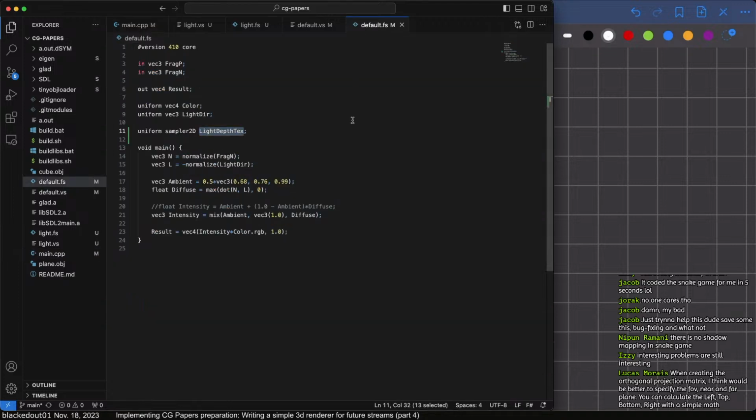And now comes the exciting part, because we can now maybe check if we rendered the depth map correctly.